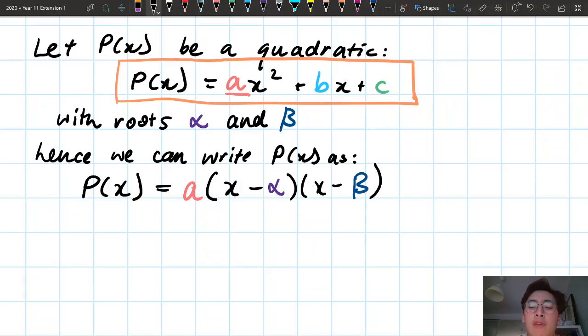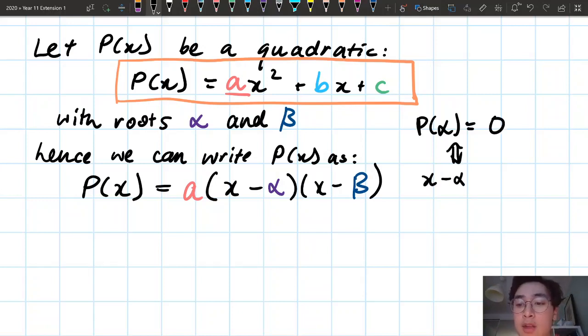Now, this is what we did last lesson when we were looking at the factor theorem. If we know that a number is a root and it gives me 0, it tells me that if P of alpha is equal to 0, then, if and only if, x minus alpha is a factor.